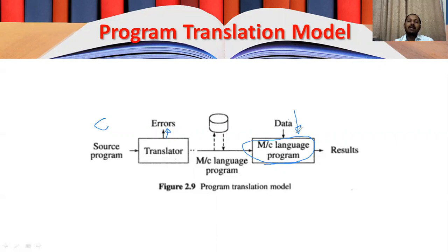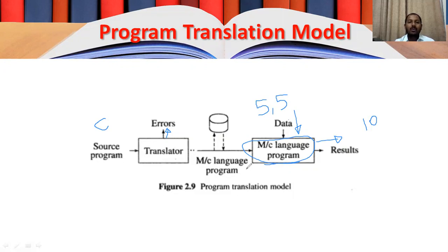When both numbers are entered, the data is taken by the machine language program. Then we will get the addition of the two numbers as a result. Suppose we enter 5 as data and another number 5 as data. These two numbers are taken for addition, and the result will be 10. So in this way, the program translation model works.